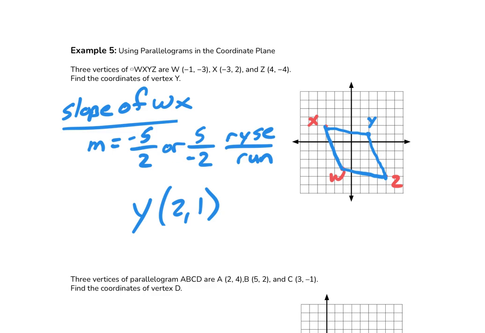Both of those have the same slope, negative 1 over 5. Okay, so that just kind of verifies to me that this does make a parallelogram. We've placed y in the right spot. Everything works out. Everything should work together if you're going to make this a parallelogram. Both pairs of sides, you can kind of look at it. If it doesn't look parallel, then what did you do wrong? Where did you put it? Is it in the wrong spot?